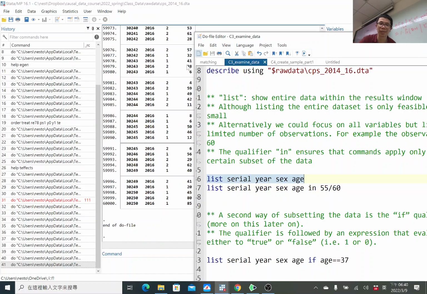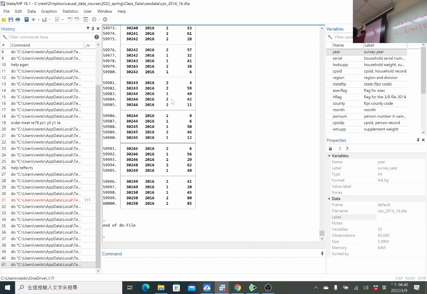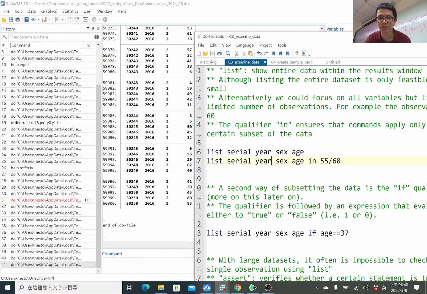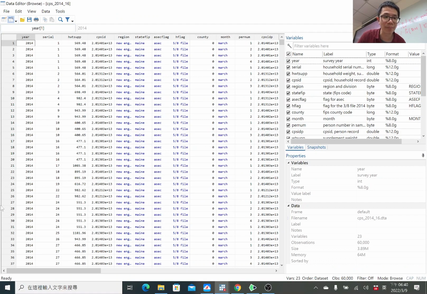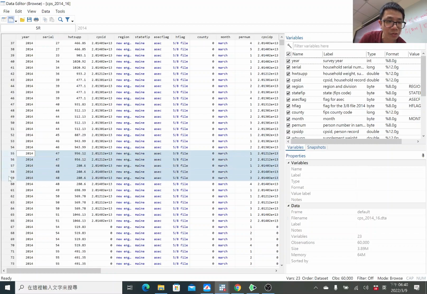But usually your data is very big, so the result window cannot accommodate all the data shown here. So usually, this command is useful if you restrict it. You just want to see observations 55 to 60. If you do that with 55 slash 60, that will just show the observation numbers from 55 to 60. So it will just show this data in terms of the variables you want to explore.